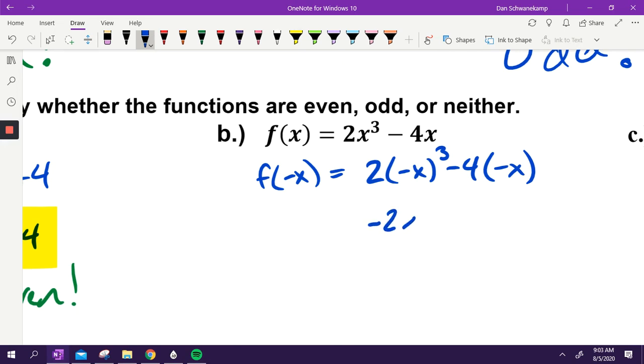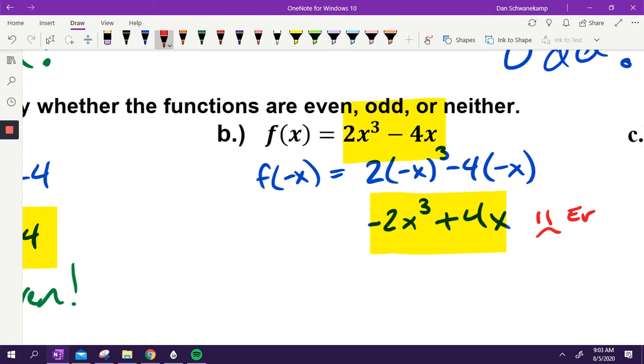So I'm going to throw that negative out in front, but it's really negative 2x cubed, right? It's negative x cubed times 2, so it's negative 2x cubed. I got a negative 4 times a negative x. That's 4x. This is what f of negative x is. Is this the same as this? No, it's not. Sad face. Not even.